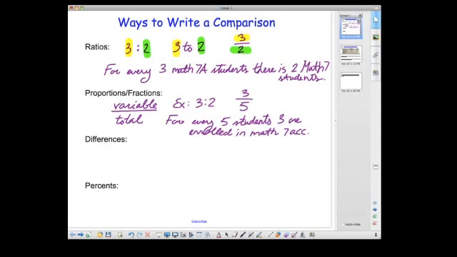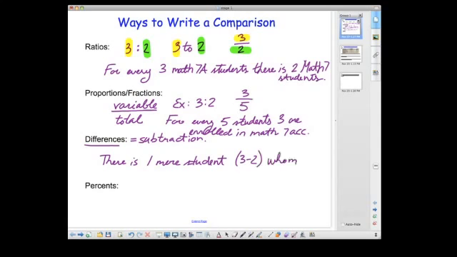So the next step is the difference. The difference is just what it sounds like. Difference means subtraction. So for our example, there is 1 more student, right? And that we get as 3 minus 2, who takes Math 7 Accelerated.